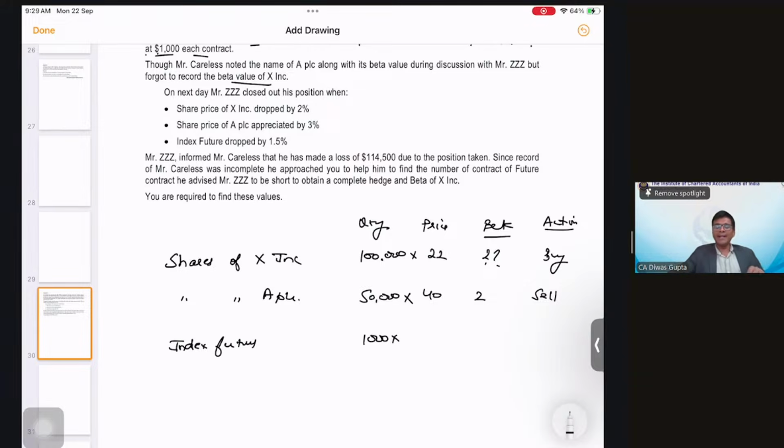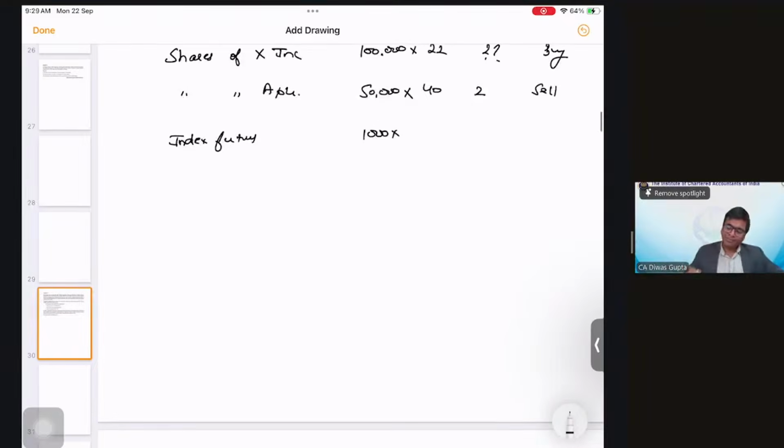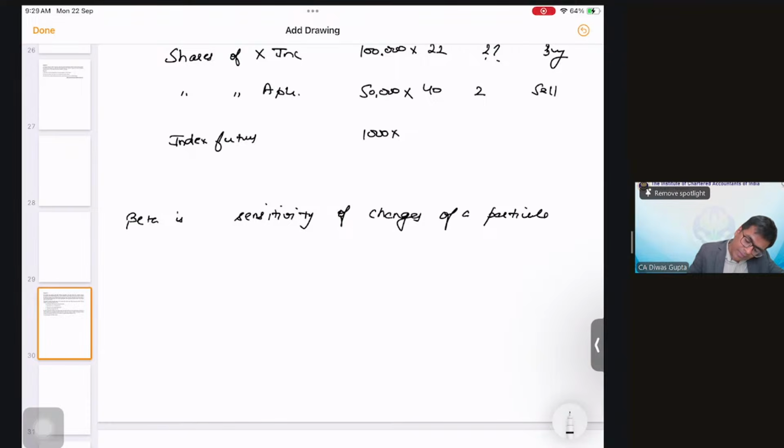So beta is the sensitivity of changes of a particular security with that of the market, right?